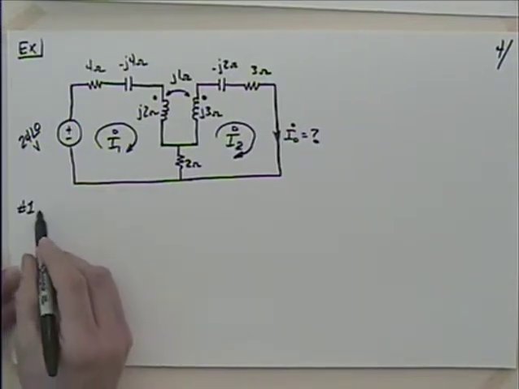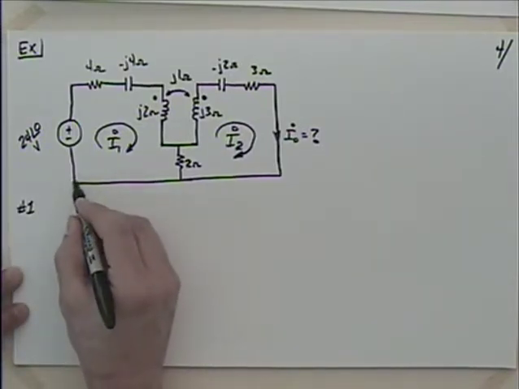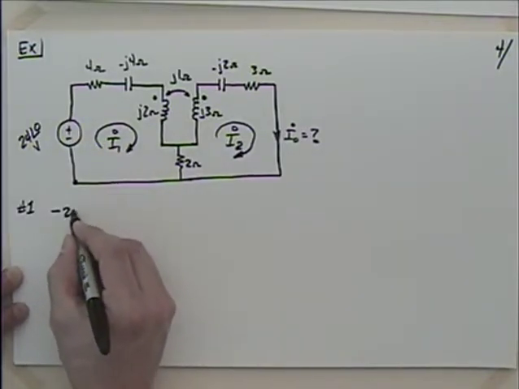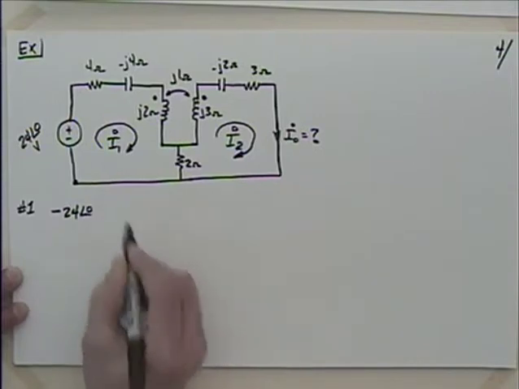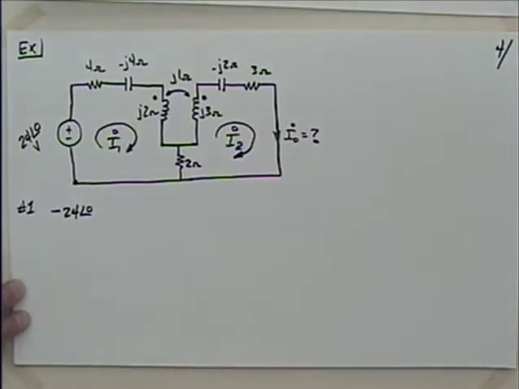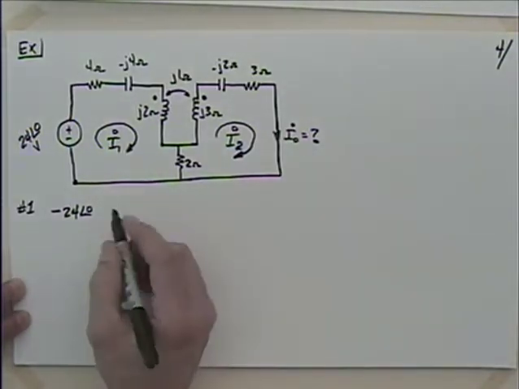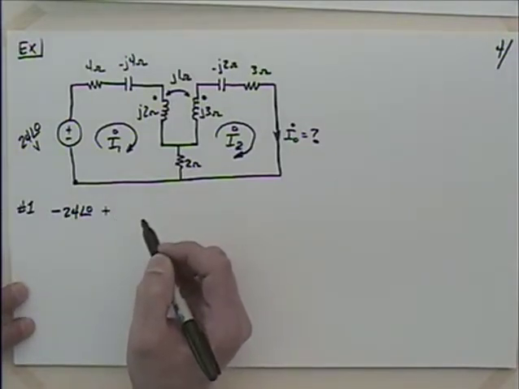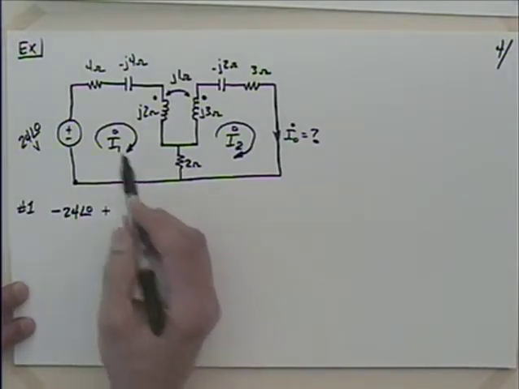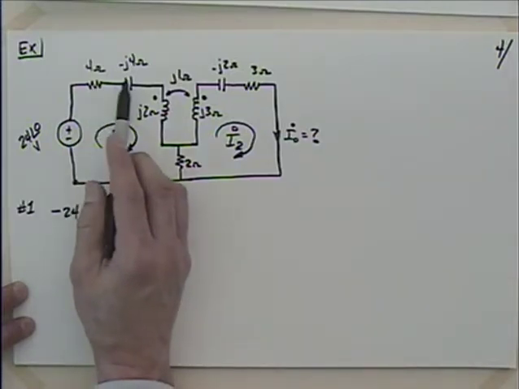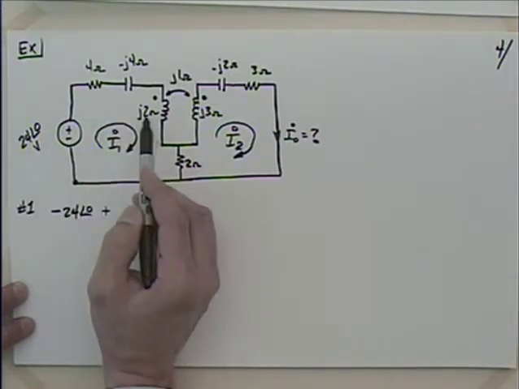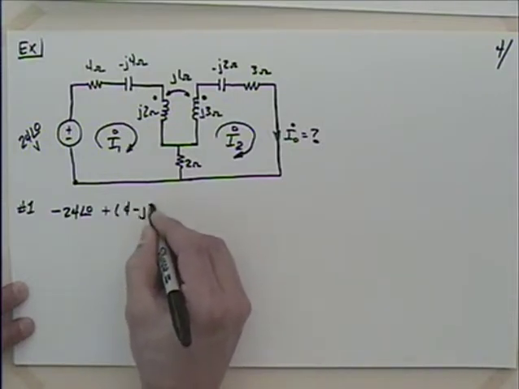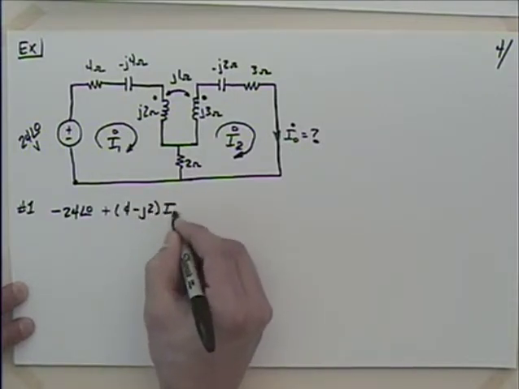So if I do then the loop for I1, what's that going to look like? Well, if I start here, I gain 24, so I'm going to say that that's a minus 24 at 0. And then plus, you ready to take a big jump here? We could do 4 and then minus J4 and plus J2, so that would be 4 minus J2 times I1.